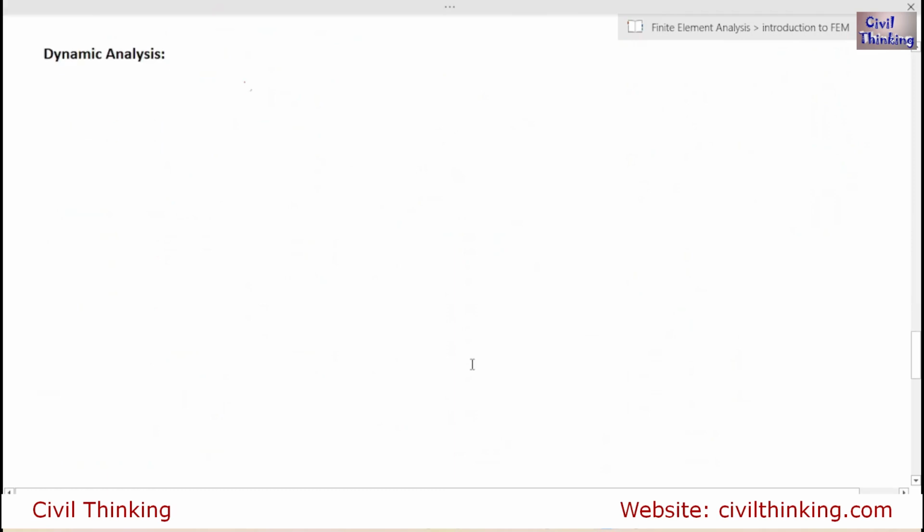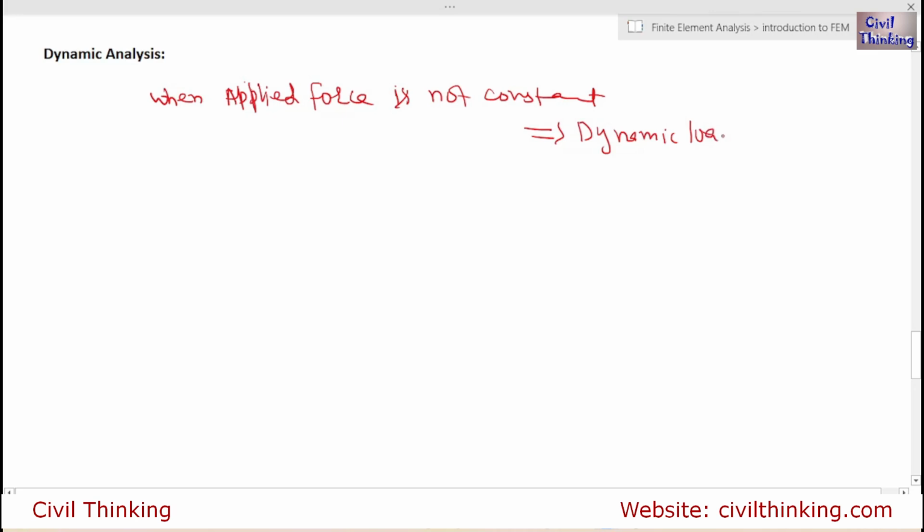Now we have dynamic analysis. Now what is dynamic analysis? Dynamic analysis is the situation when the applied force is not constant. We call it dynamic load.